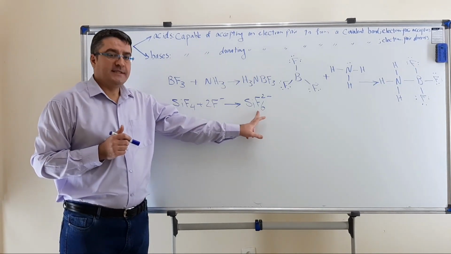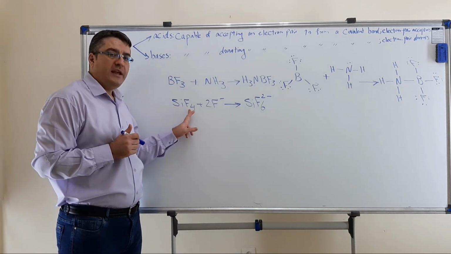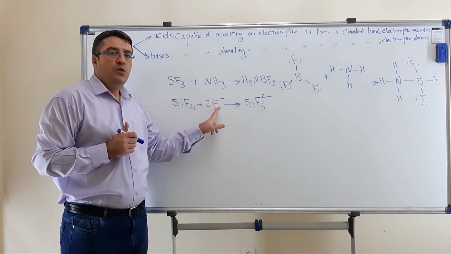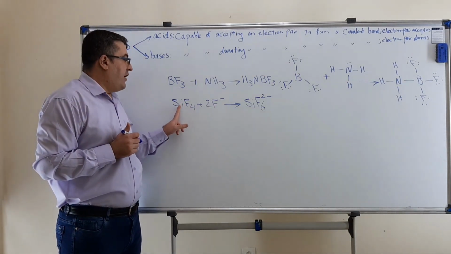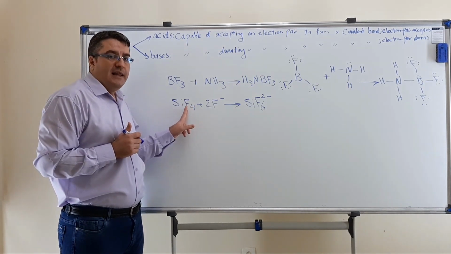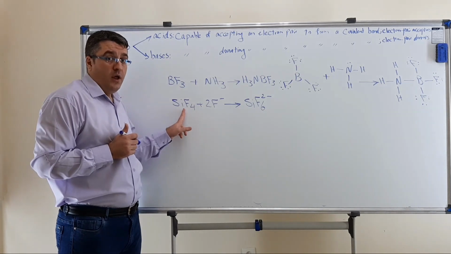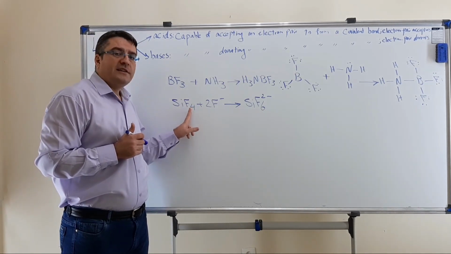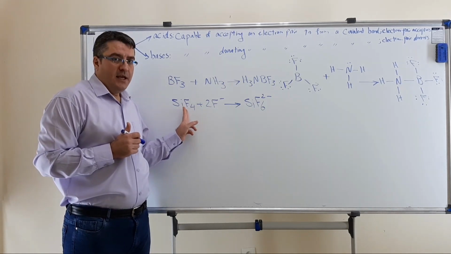Therefore, in this reaction, SiF4 is a Lewis acid and F- is a Lewis base. The silicon atom of the SiF4 has 8 valence electrons and obeys the octet rule. Yet it can accept more electron pairs and it can act as a Lewis acid.